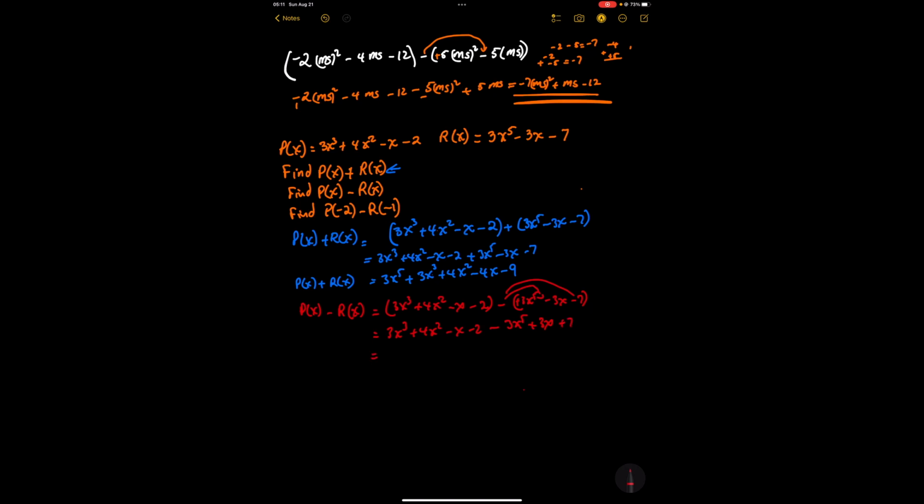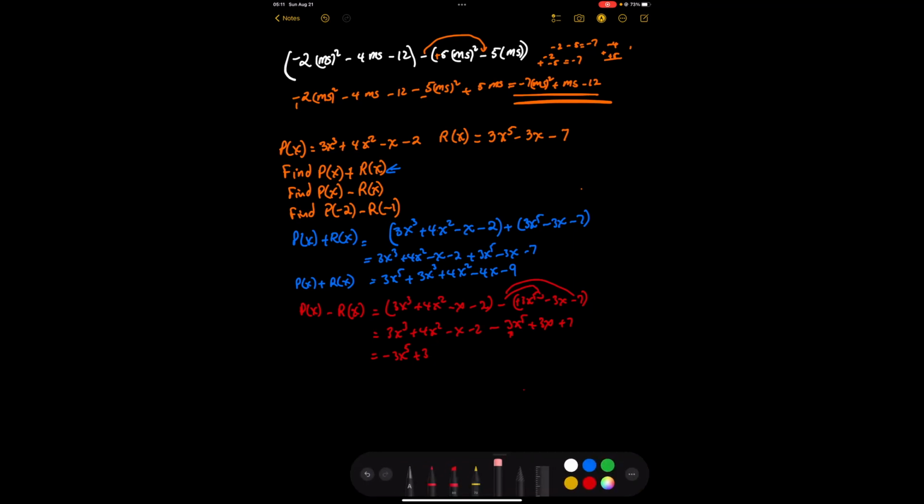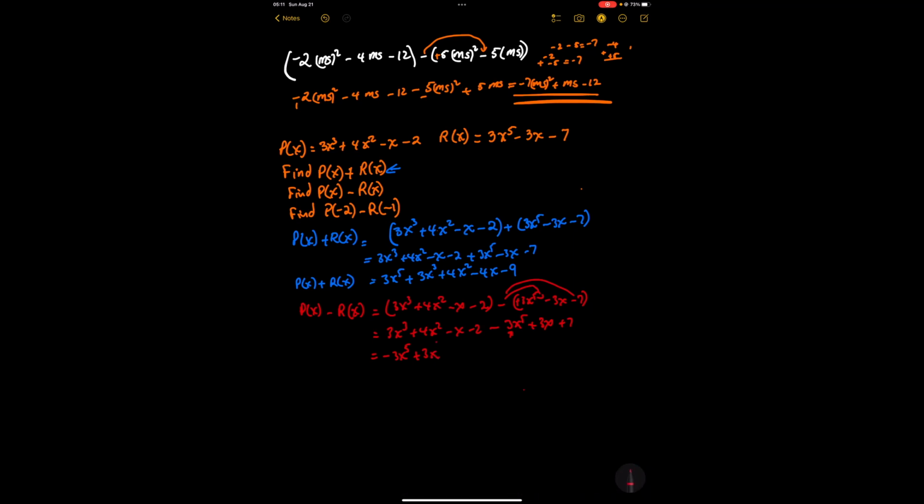And again, you always begin with the highest degree of exponent. So this is the highest one, so I'm going to write negative 3x^5, and then plus 3x cubed, and then we're going to have plus 4x squared.